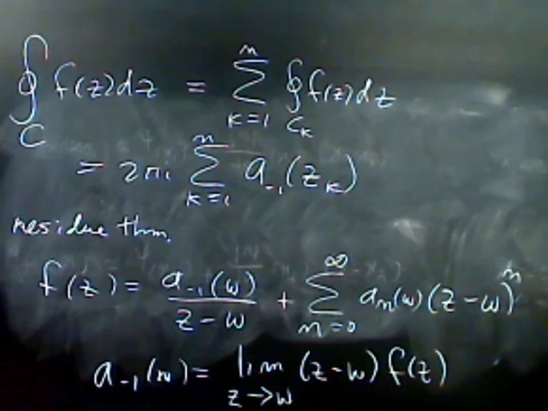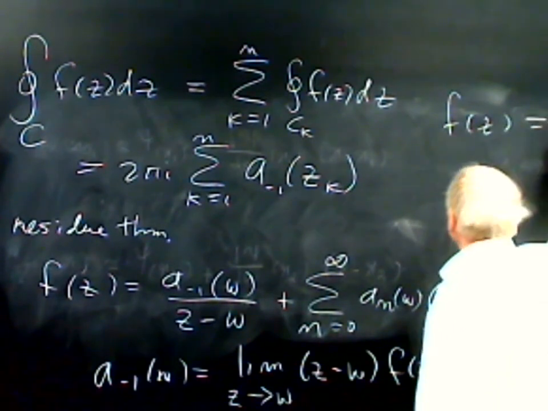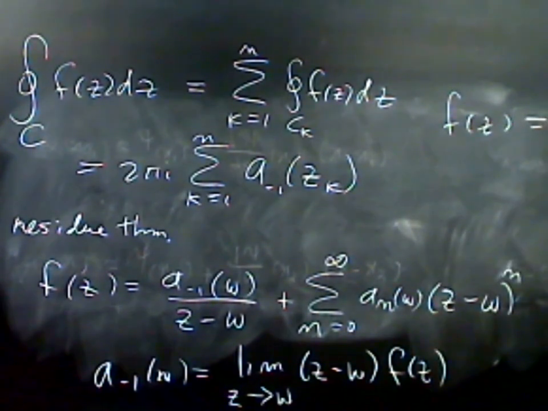And in fact, let's suppose a more general case. f(z) is, suppose, a_{-k}(w) over (z minus w)^k, for example, then a_{-k+1}(w) over (z minus w)^{k-1}, and then higher terms.